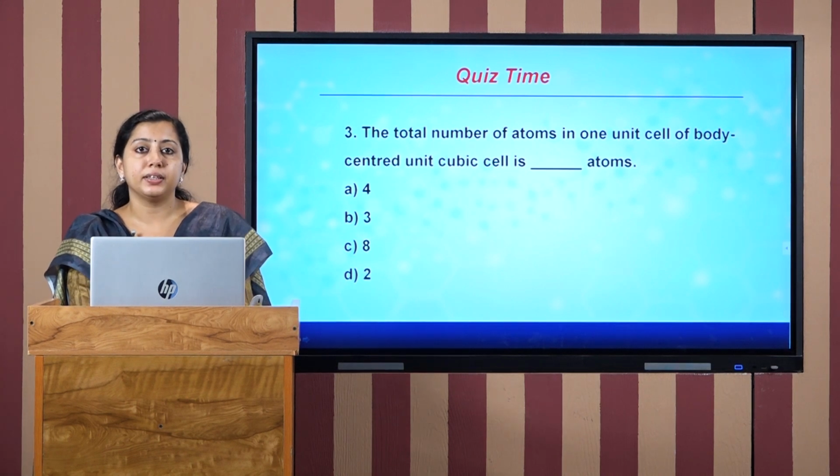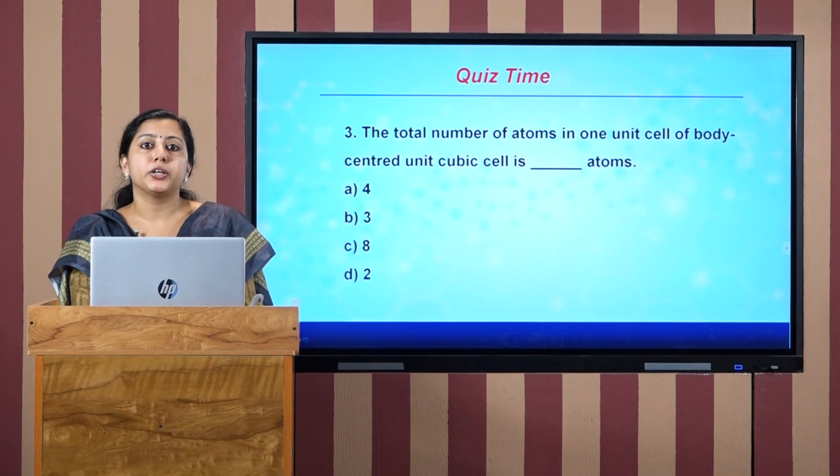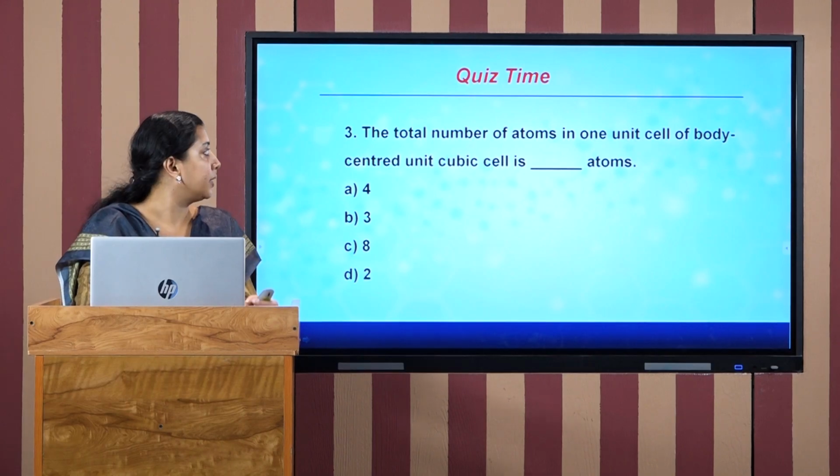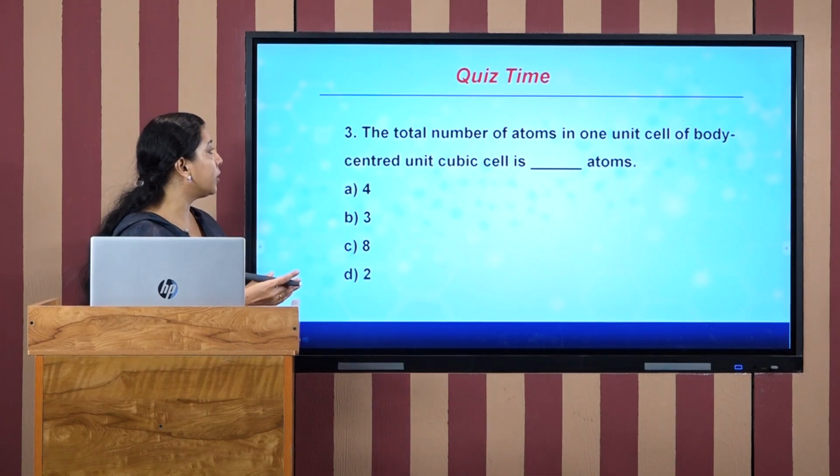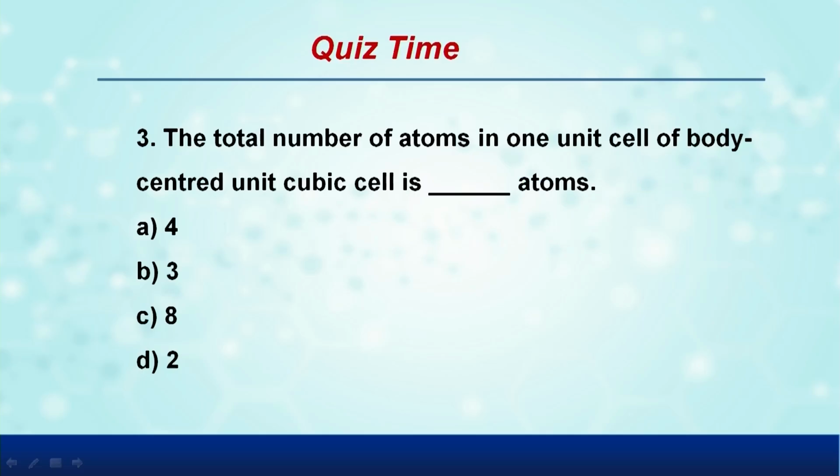Now, moving on to the third question: the total number of atoms in one unit cell of body centered unit cubic cell is dash. We have the options: option A 4, option B 3, option C 8 and option D 2.